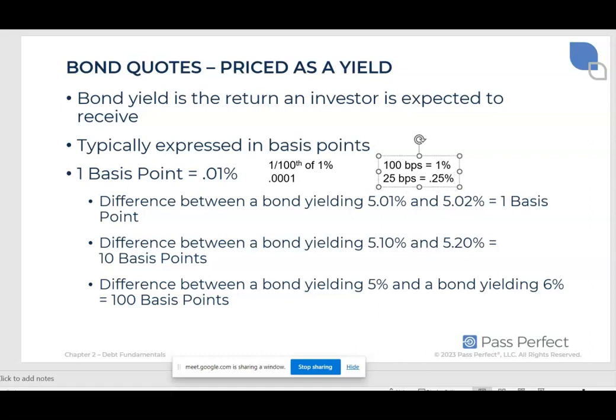If a bond has gone from yielding 5.1% to 5.2%, that's 10 basis points. And from 5% to 6% is 100 basis points, right? So sometimes they're quoted as yield rather than as a percentage of par value.